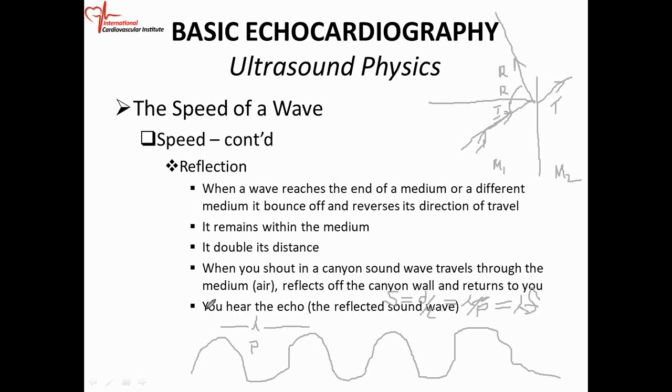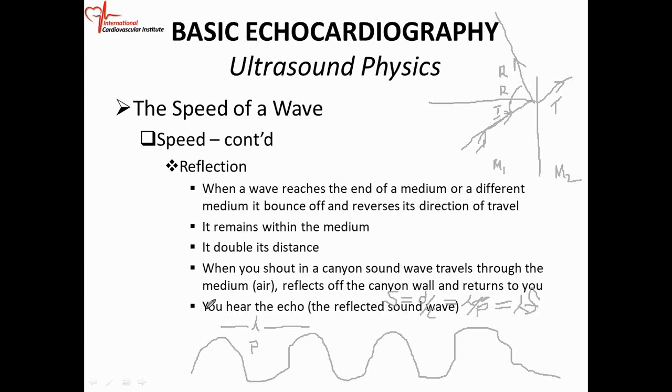The canyon experiment is a good experiment, because if you shout, your sound wave is going to travel from your mouth to the canyon wall. It has to be reflected off the canyon wall back to your ears for you to hear it. So if you know your distance from the canyon wall, you just multiply that by 2.